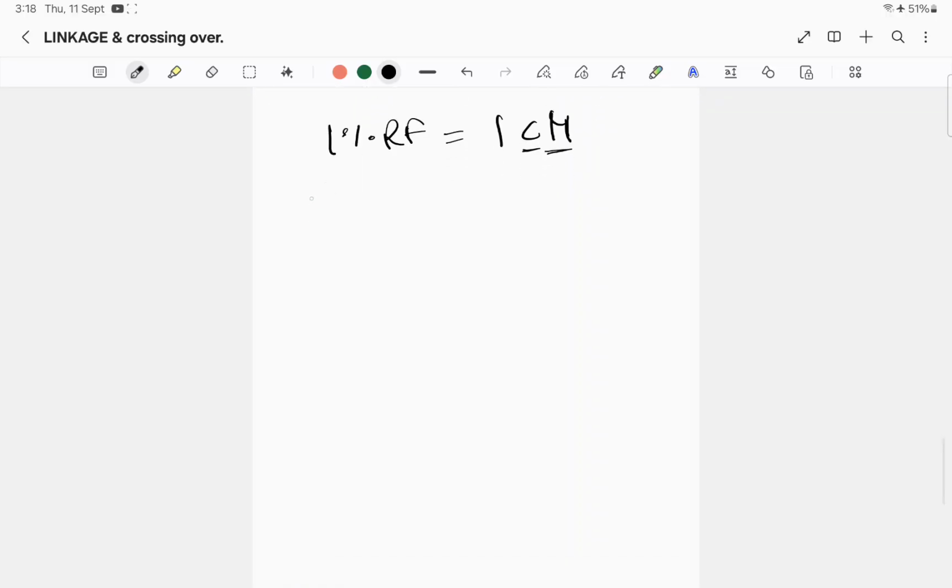So simply we can say recombination percentage is equal to recombinants divided by total times 100. 1% is equal to 1 centimorgan. For small distances, for example less than 20% recombination frequency, the map unit works well.